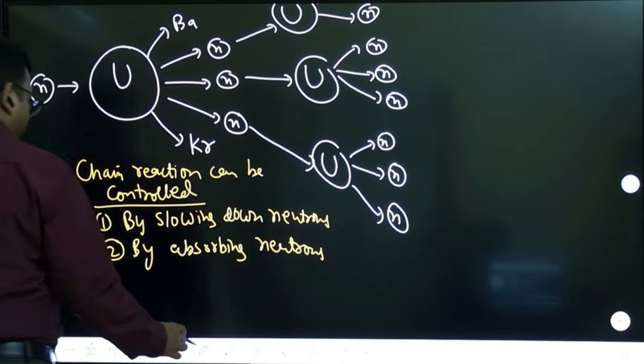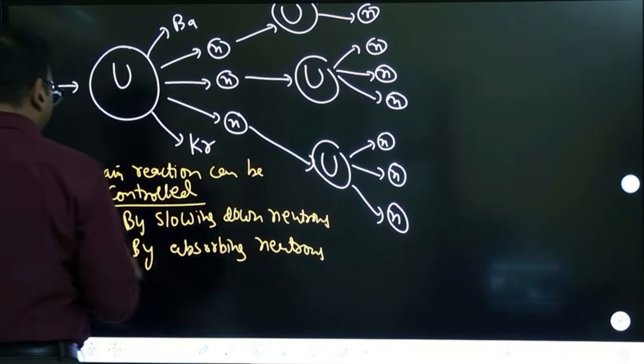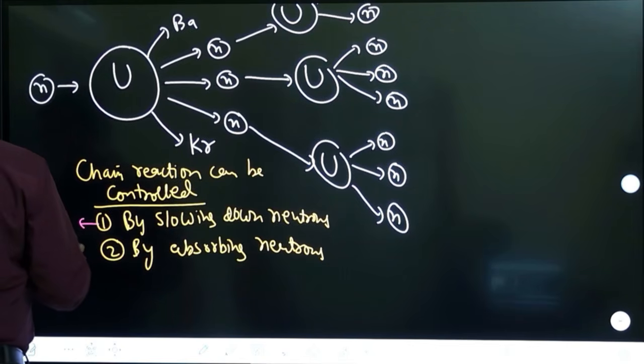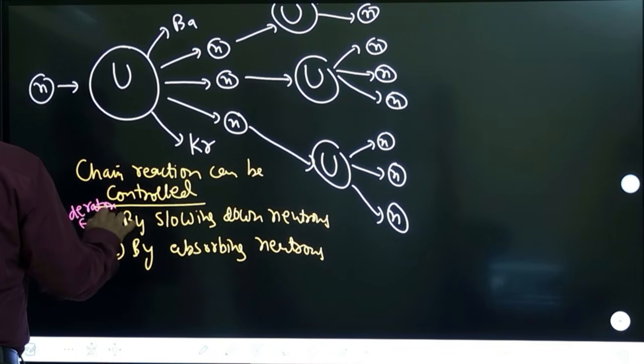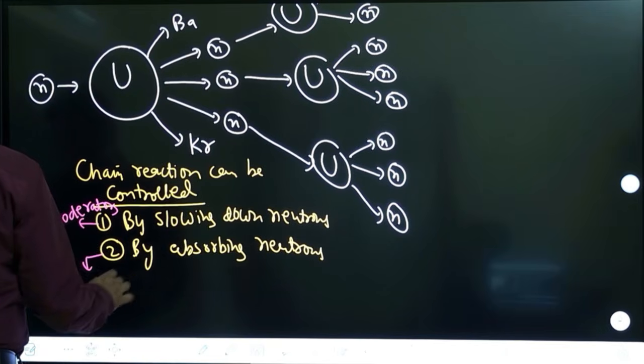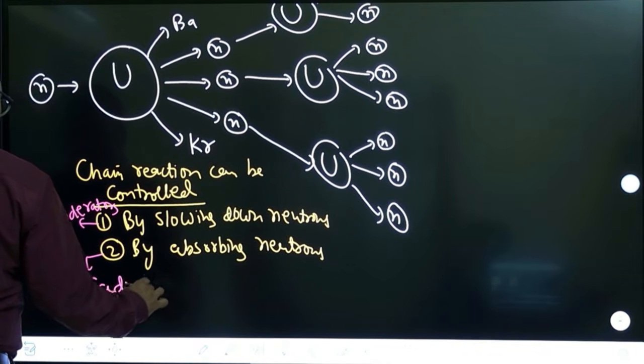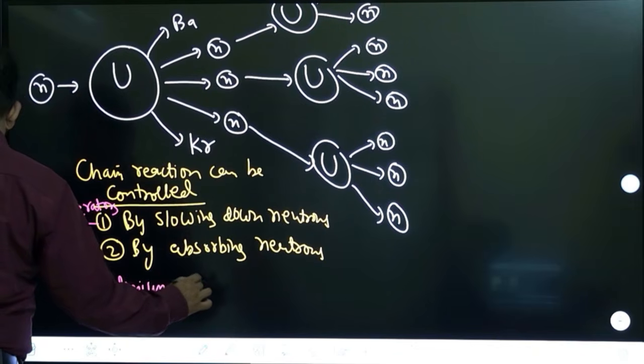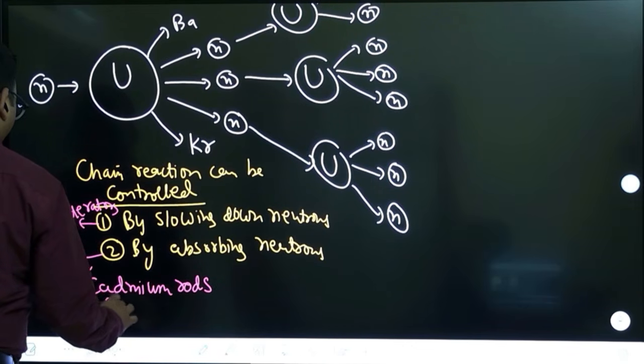For slowing down we use moderators, and for absorbing we need cadmium rods or boron rods.